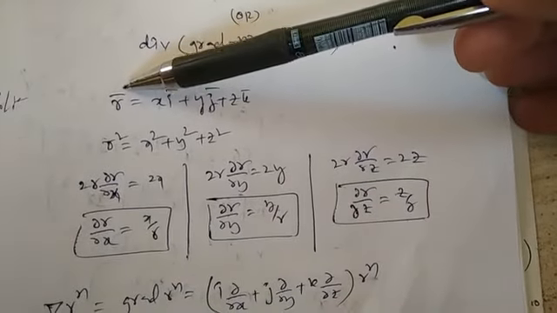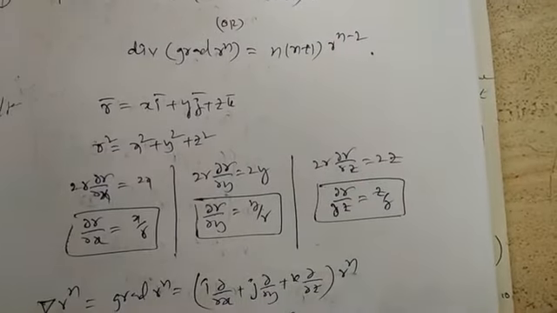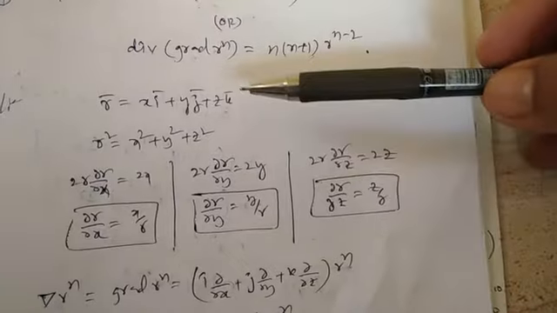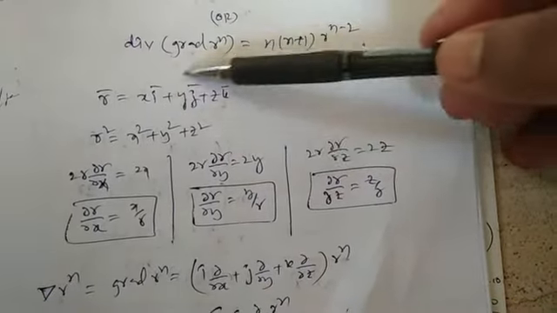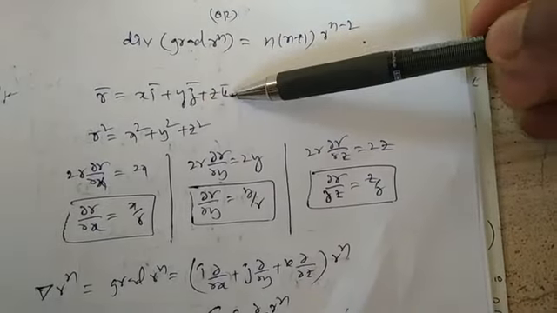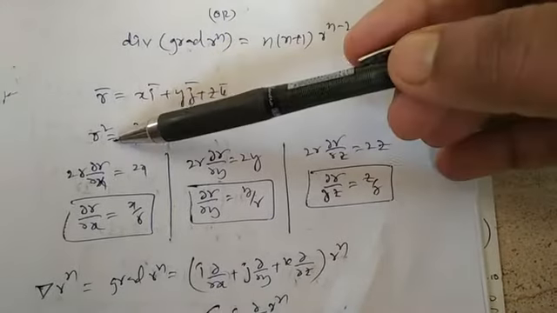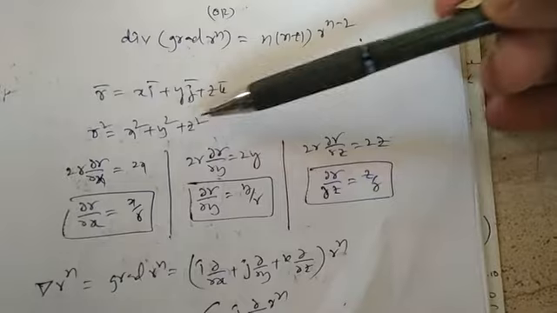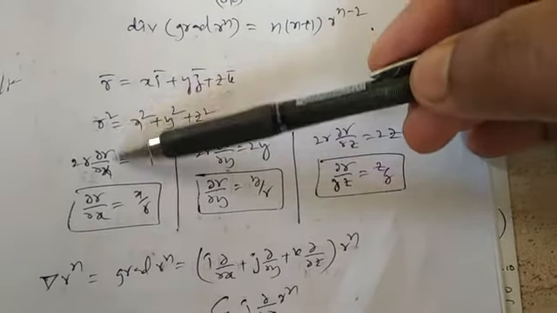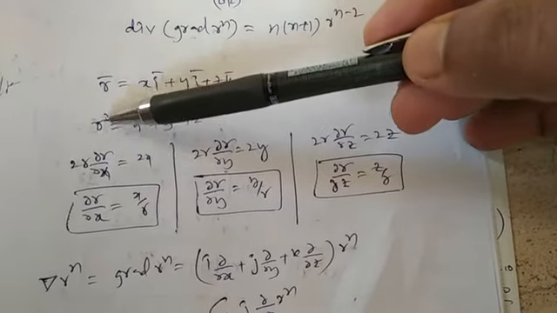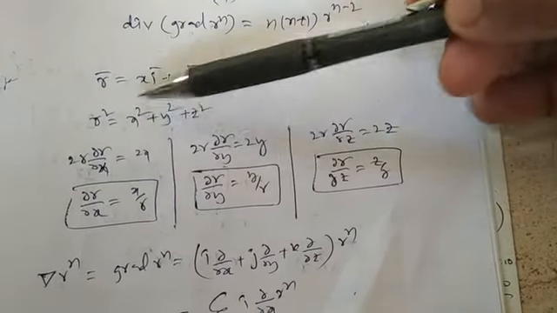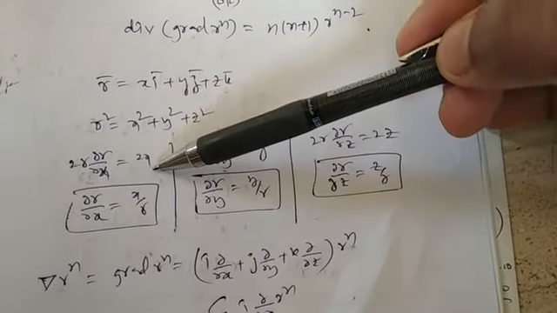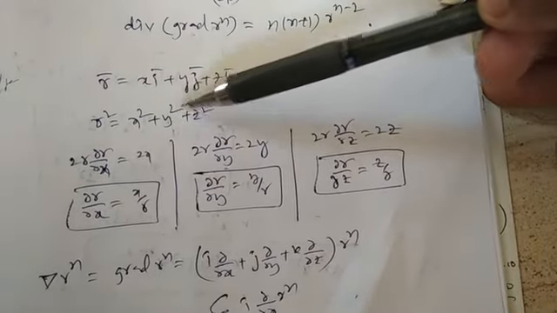Take the position vector r bar equal to xi plus yj plus zk. Now the magnitude r is root of x square plus y square plus z square, where r square is x square plus y square plus z square. Now we derive it with respect to x. The derivative of r square is 2r dou r by dou x, equal to 2x, since the other two terms are 0.